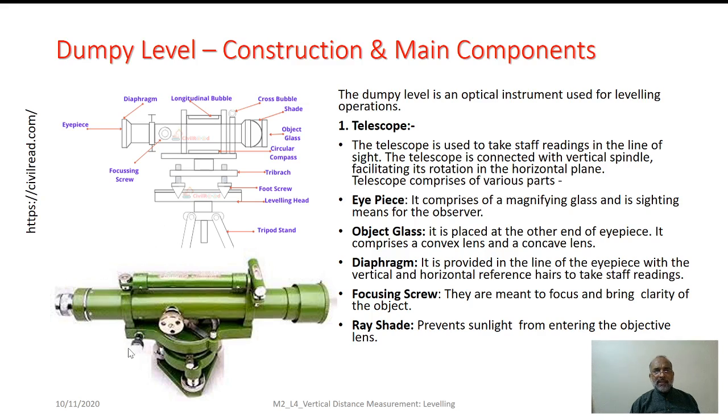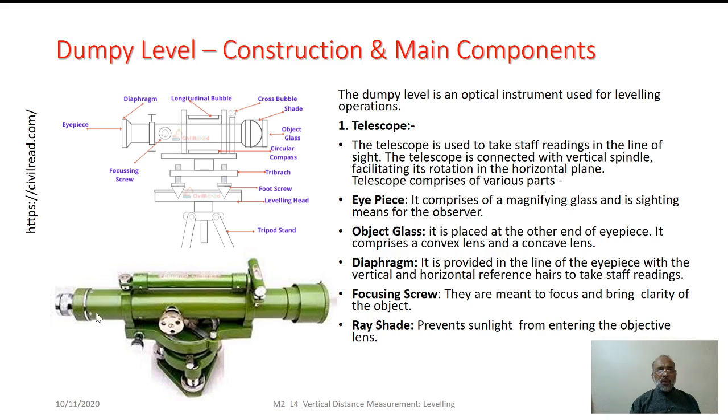Here what you see is nothing but the clamping screw. Whenever we wish to have the equipment clamped in a certain direction, we make use of this. In addition, it is equipped with a screw which is called the tangential screw, so that we can have the slow movement of this telescope.